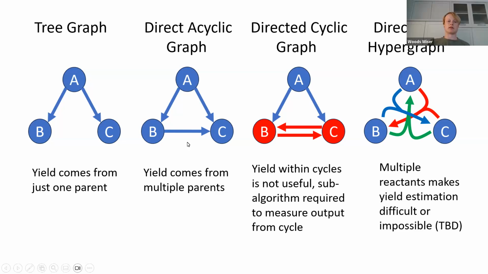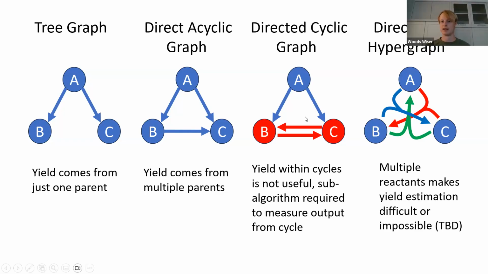In a directed acyclic graph, the yield comes from multiple parents. It's not really a problem. It's just something to take into account, that the flux into C will come from both A and from B via the two-step process of A going to B and C. And you just have to take that into account. There's nothing inherently difficult about it.